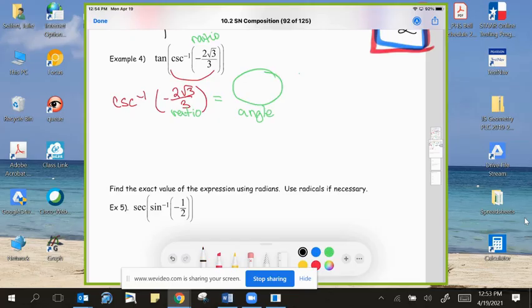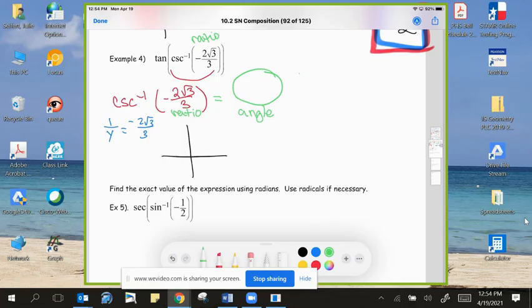So let's think about cosecant. Cosecant is 1 over sine, so that 1 over y would equal negative 2 root 3 over 3. Now, that number looks a little weird.